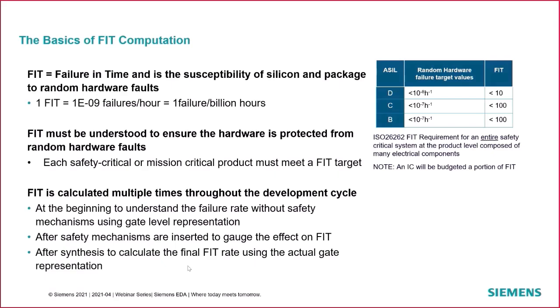To achieve a safety target, the standard gives us 4 ASIL levels, A being the lowest, then B, C, D. D is the highest ASIL target, needed for the most safety critical IP. For ASIL D, we are looking to achieve a FIT of less than 10. For ASIL A and B, we are looking to achieve a FIT of less than 100.